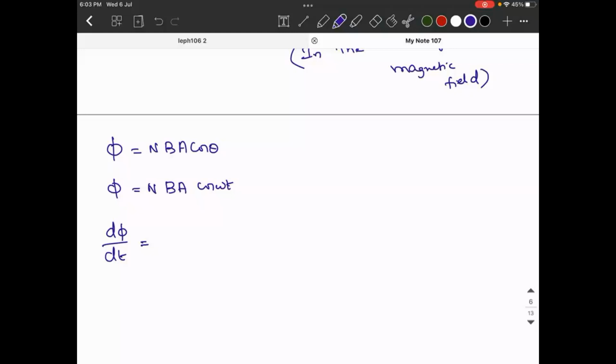Flux related to one turn is BA cos theta, related to n turns will be NBA cos theta. So this will be equal to n into B into A into cos omega t. Differentiating, by the chain rule, this will be minus NBA omega into sin omega t is d phi by dt.